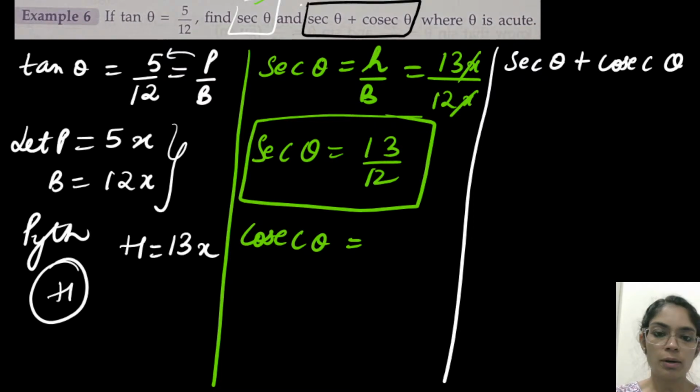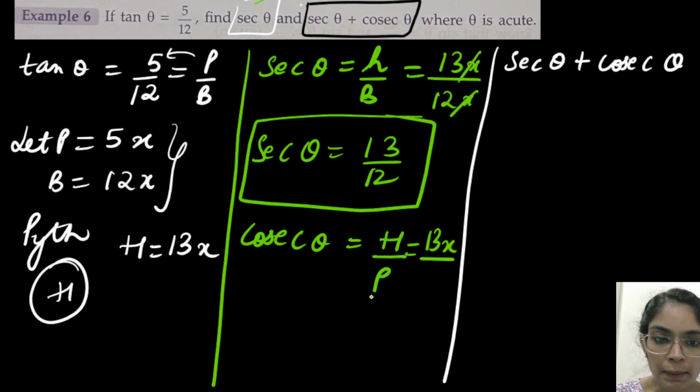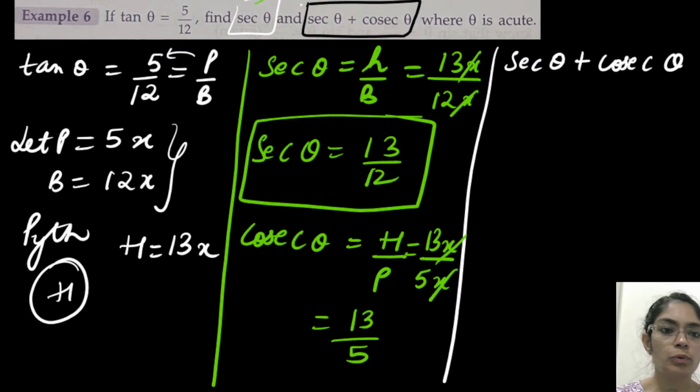The formula of cosecant theta is the reciprocal of sine. Sine is perpendicular by hypotenuse, so this is hypotenuse by perpendicular. Hypotenuse is 13x, perpendicular is 5x. The x and x get cancelled, so 13 by 5. We got the value of both trigonometric ratios which we require.